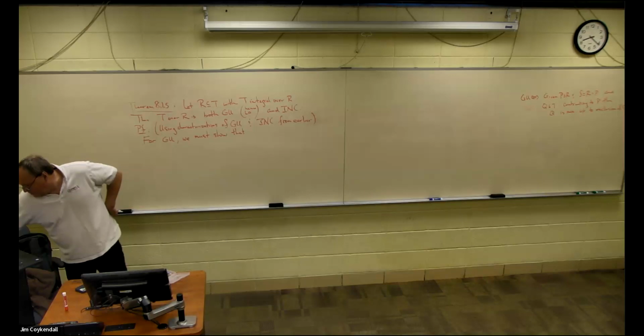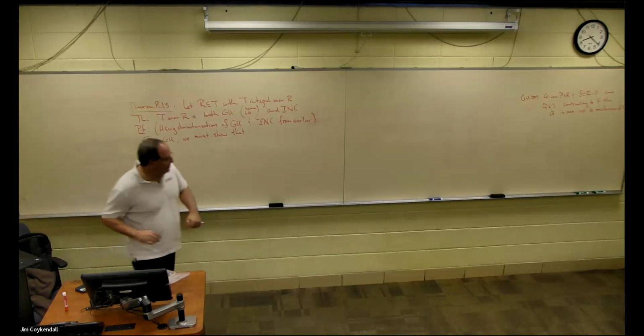So P is a prime ideal, S is its complement, and Q is a prime ideal maximal with respect to the exclusion of S.